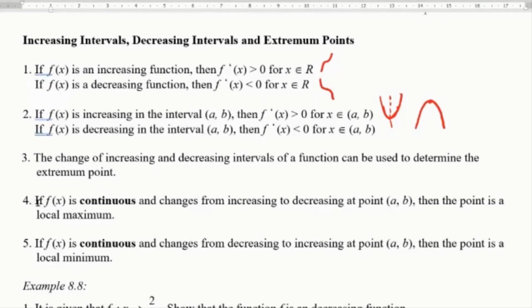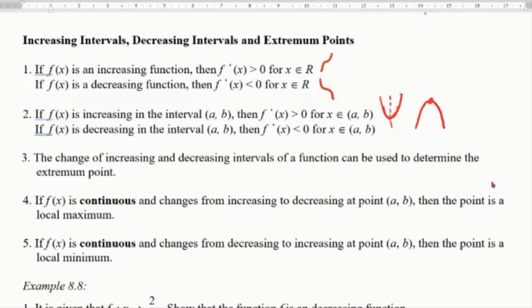Then number 4, if f(x) is continuous and changes from increasing to decreasing, then it is a local maximum, like this one. The important thing is this point must be continuous. If not continuous, then it cannot be.